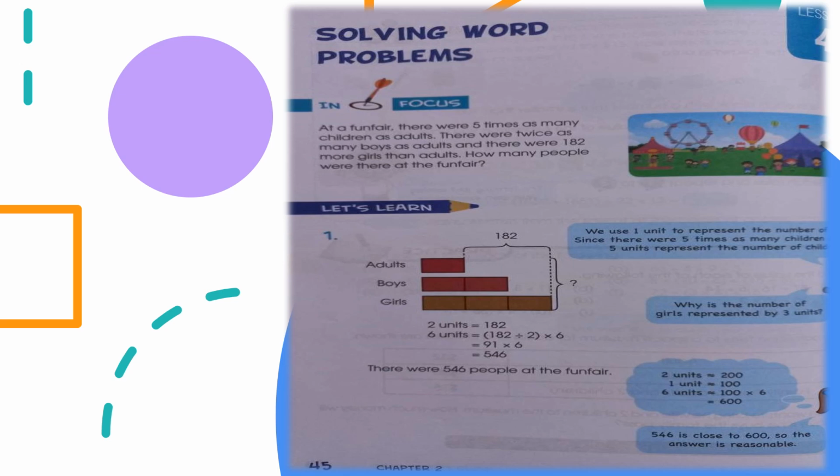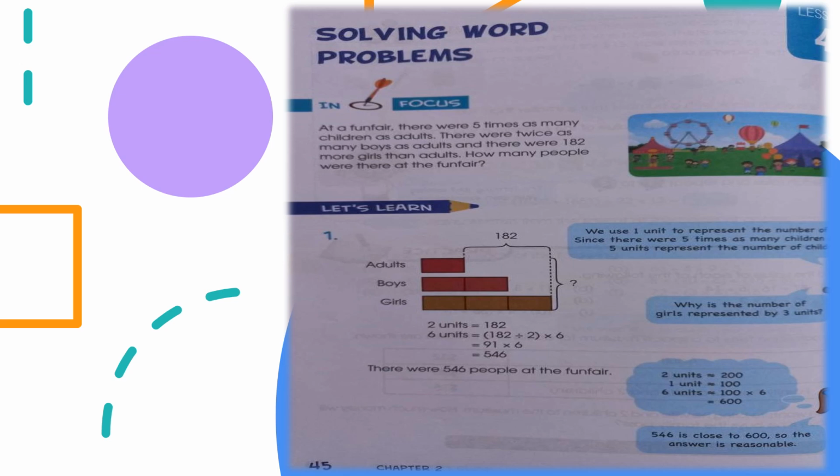So the girls have 3 boxes. The reason is because boys are twice, so boys have already 2 boxes. But in total, the children were 5 times as compared to the adults.